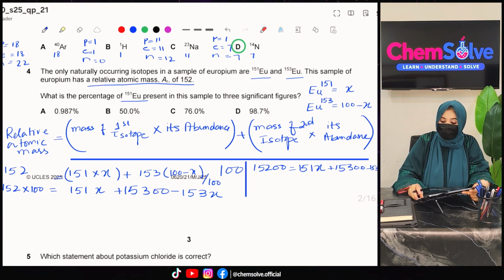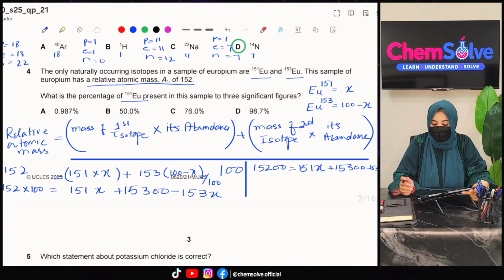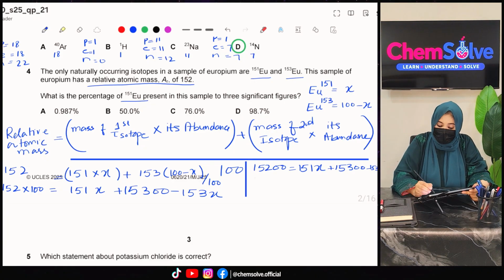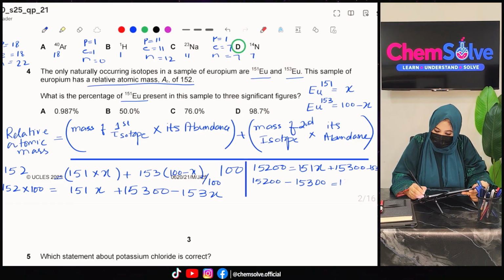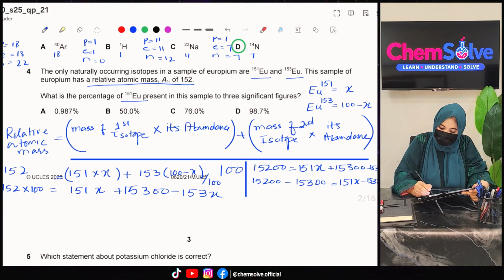Now I will put the values with x on one side and the other values on the other side of the equation. So 152 minus 153 is equal to 151x minus 153x.